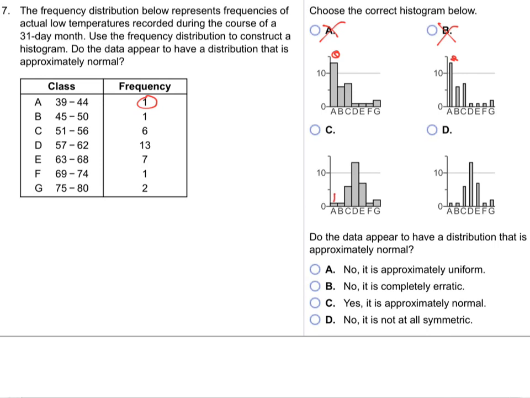So C looks like a 1 and a 1. D looks like a 1, if you can see it. Those are pretty low. And then 6. Yeah, those both look good. And then a 13. Yeah, maybe 13. That looks pretty good. And then what? 7. That looks good. They both look good to me.